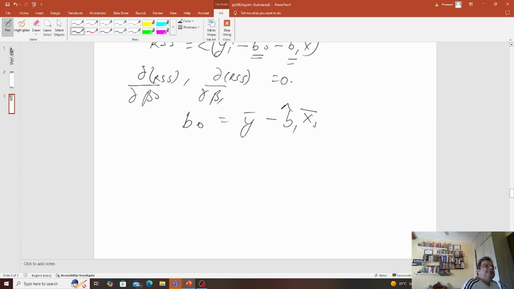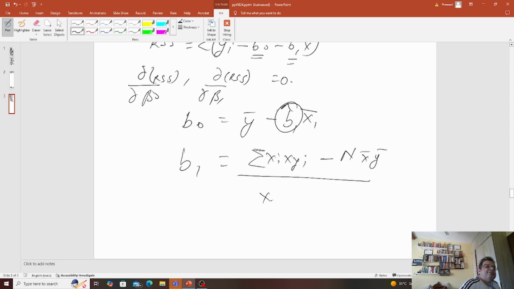Okay. And how do you find the value of beta 1? Beta 1 is going to be your sum of x and y. So if you have n values of x and y, you multiply them, you add them all, and then you take the mean values of x and y, you multiply them with n, and you divide by the sum of xi square minus n of x bar square.